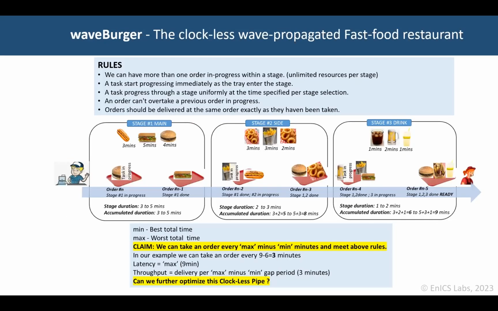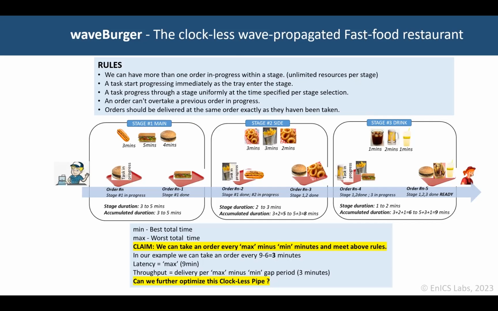Let's see. We are suggesting a methodology which I would call WavePro Burger. The only thing that we need to guarantee is that everything is propagating at a uniform rate, and at each stage, more than one tray can be handled.